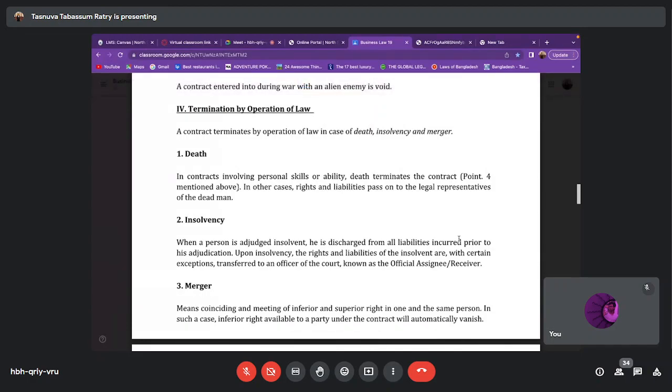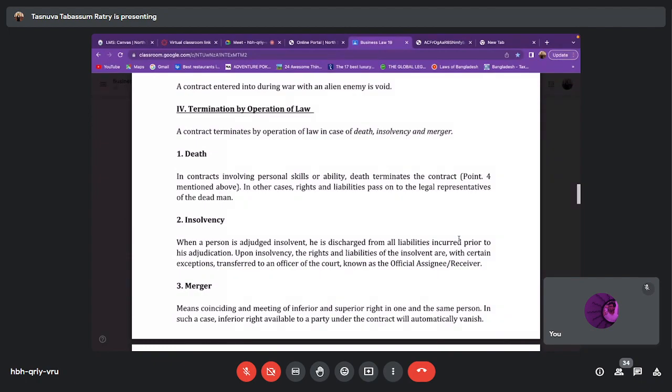But যেসব কন্ট্রাক্টে পার্সোনাল স্কিলস এন্ড এবিলিটি ইনভলভ থাকে সেখানে of course এখন if Sushant Singh Rajput has entered into an agreement to act and now he is no more, so তার জায়গায় there cannot be another Sushant Singh Rajput, right? Because there's one person. যেখানে মানুষের পার্সোনাল স্কিলস ইনভলভ থাকে, যেখানে পার্সোনাল এবিলিটি ইনভলভ থাকে, there's a singer who died as well.